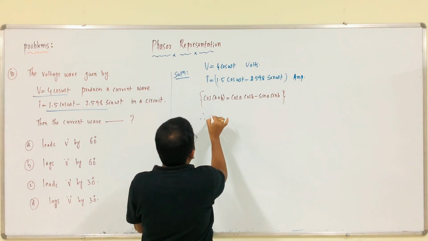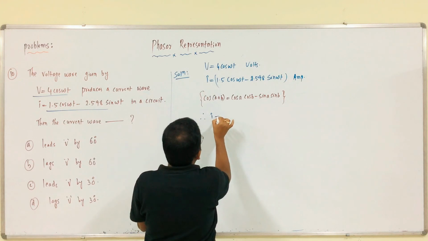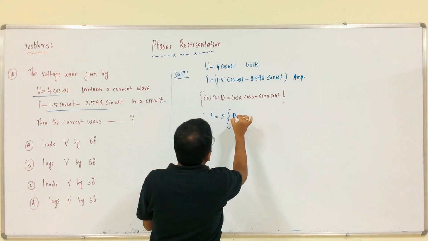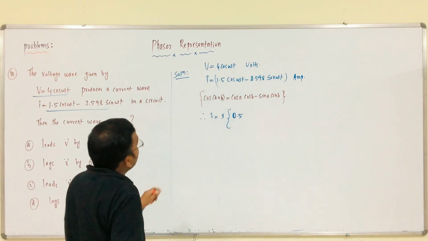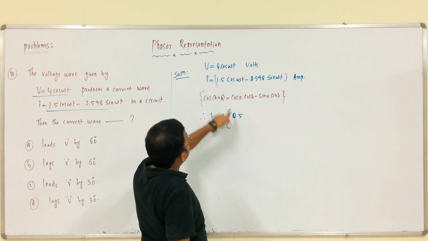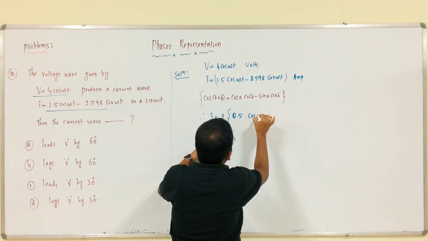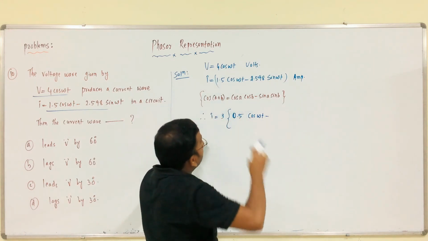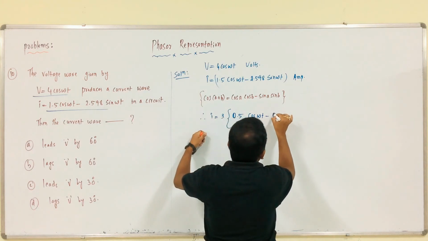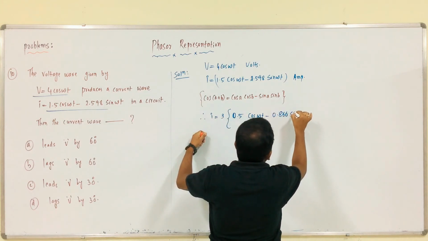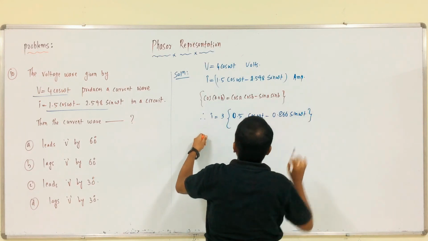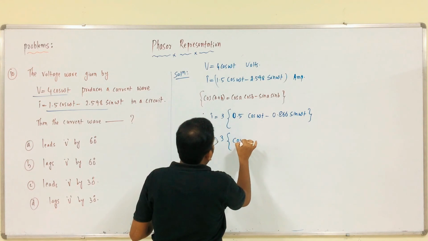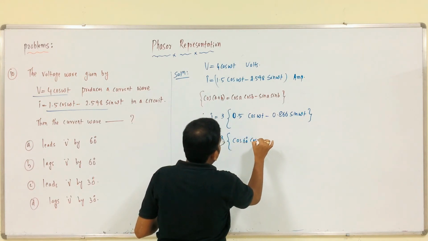Therefore, I is equal to 3 into 0.5, we can write 0.5, right? 3 into 0.5 is nothing but 1.5 cos omega t minus 2.598 by 3, we will get 0.866 sin omega t, clear.